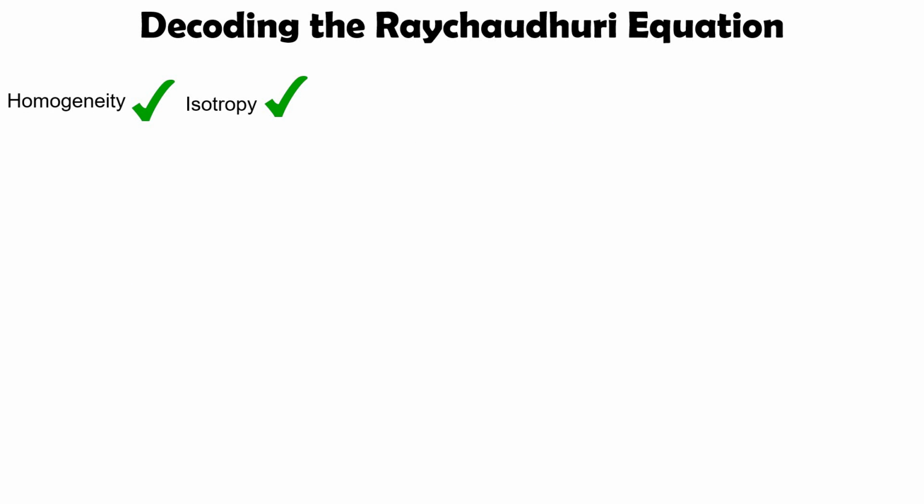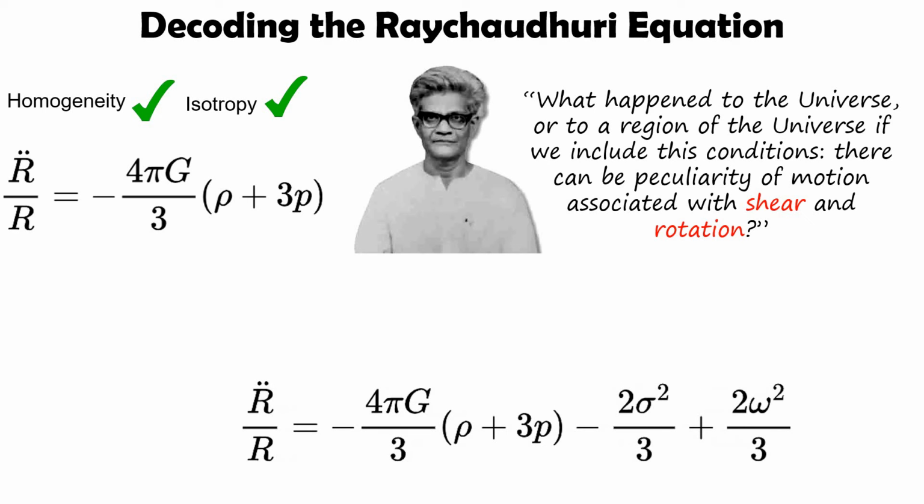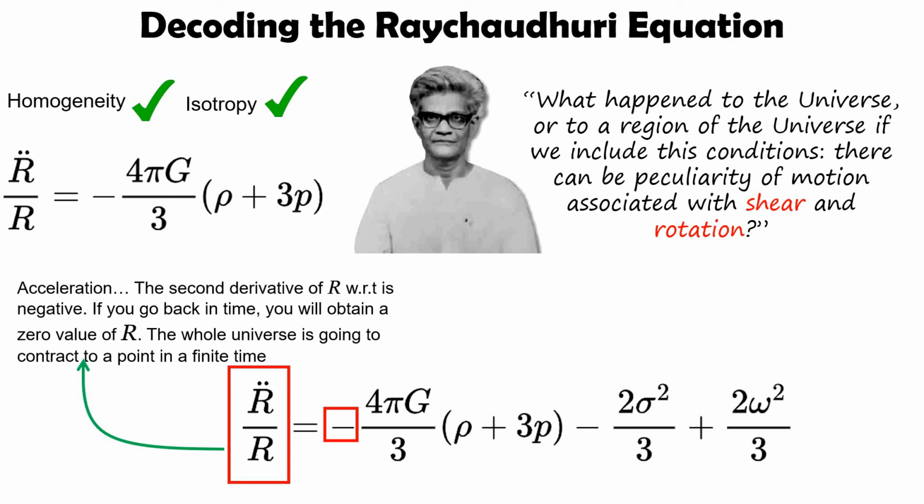So when we take homogeneity and isotropy, we get this kind of equation. But what Raychaudhuri told is, what happens to the universe, or to a region of the universe, if we include these conditions? What are those? There can be a peculiarity of motion associated with a shear and a rotation. Now look into this kind of equation. This has got a negative sign, and what does that mean?